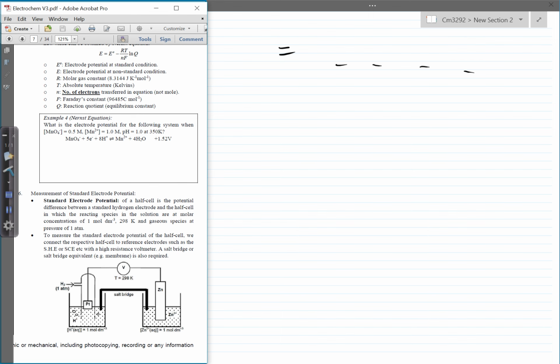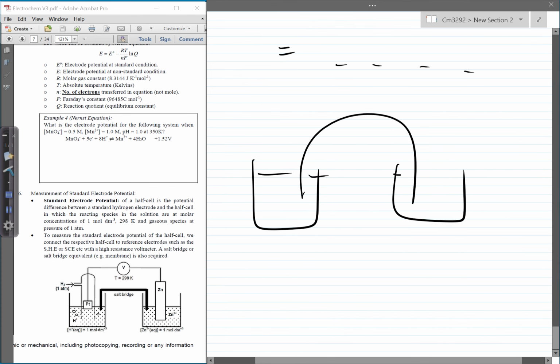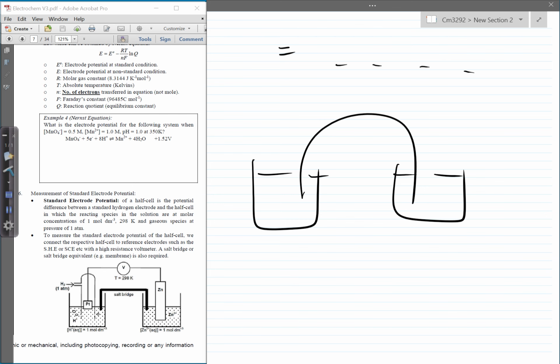Now, let me ask you a question. Can you just use a wire to connect the two? You have half cell A, half cell B. Can you just connect it with a wire? Like an inert conductive wire.